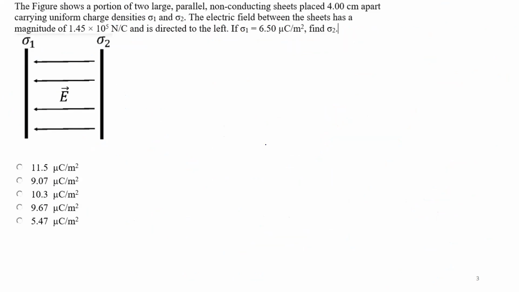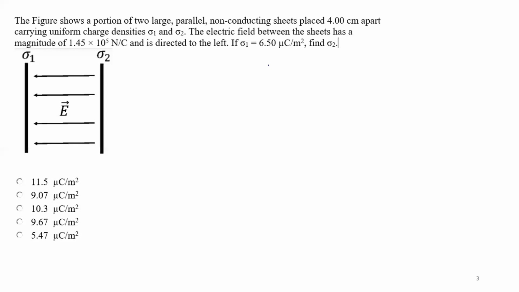Now let's go to this problem here. Let's read it very carefully. What do we have? The figure shows a portion of two large parallel, non-conducting sheets, placed 4 centimeters apart and carrying uniform charge densities of sigma 1 and sigma 2.